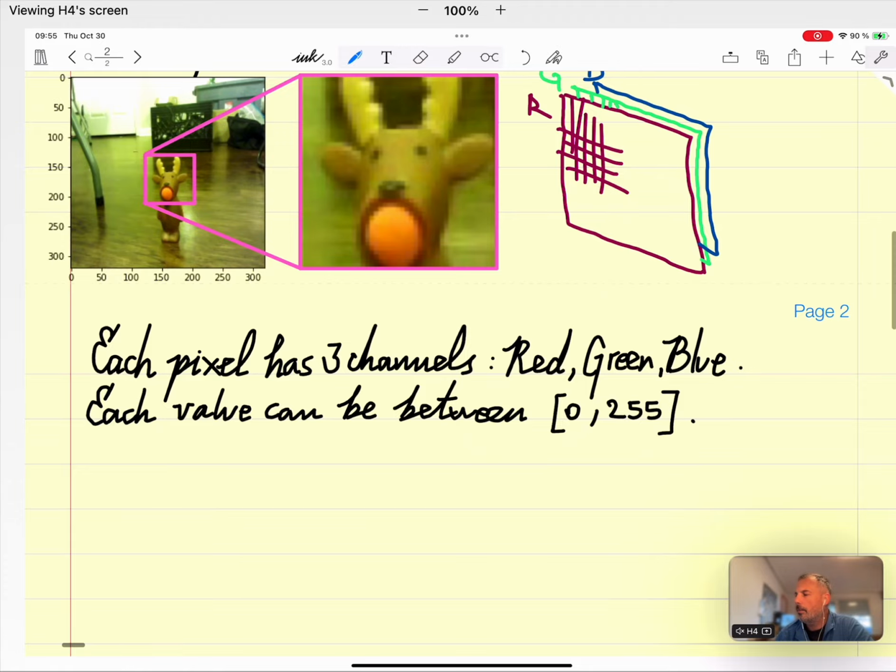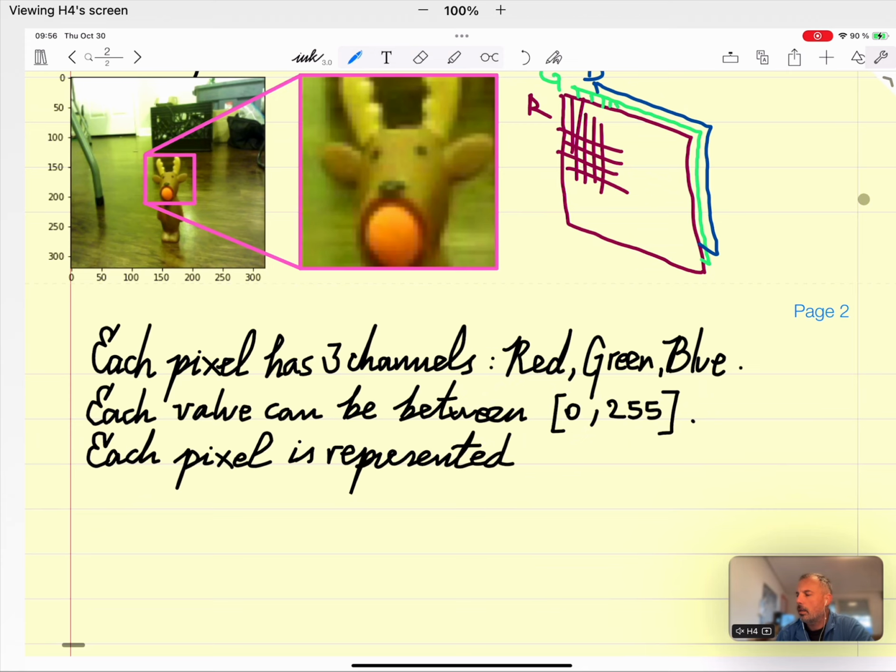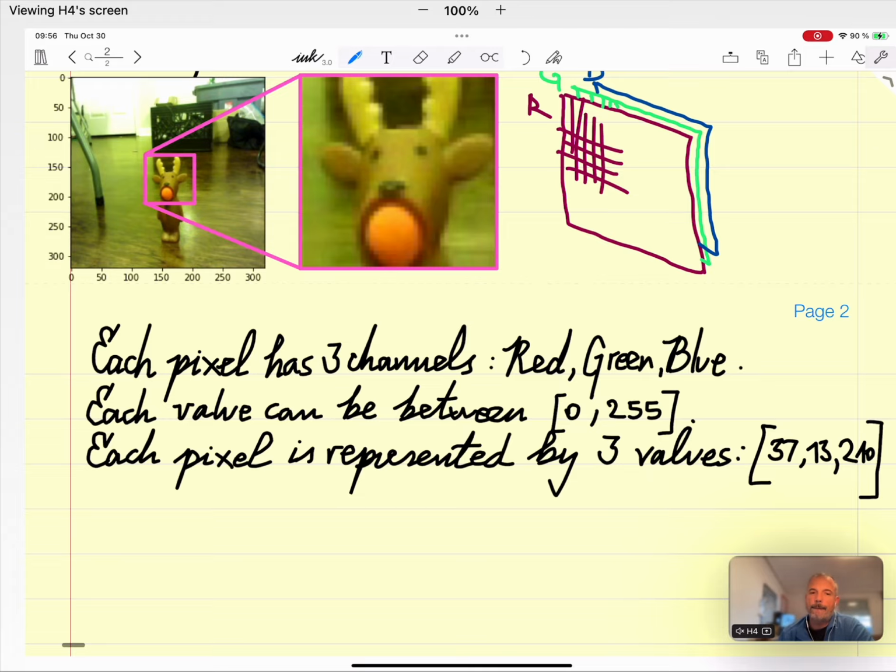So each pixel is therefore represented by 3 values. For instance, 37, 13, 210. Each pixel.